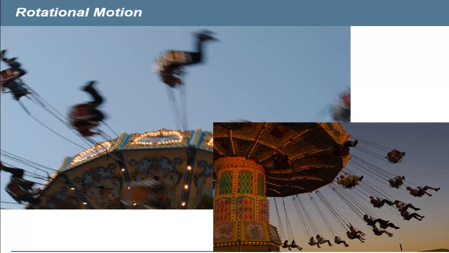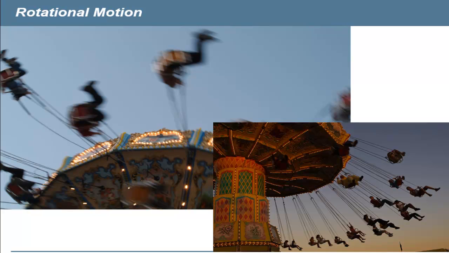So what is rotational motion? Well, rotational motion is just exactly that. It's some sort of motion that is rotating. It's going in some sort of constant pattern around some fixed axis here. So the rotational motion we'll focus on in this chapter is just circular rotational motion, which is something rotating in a circular pattern.